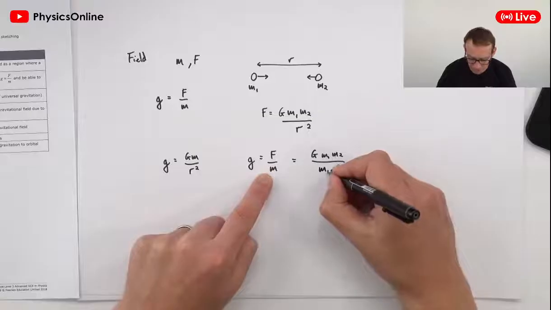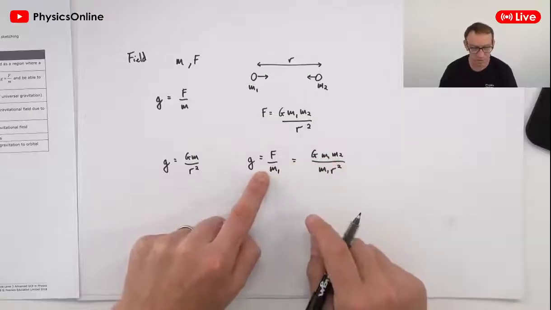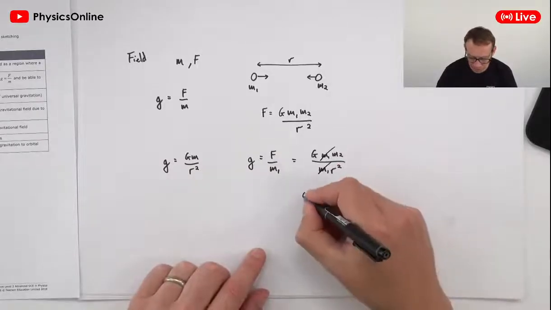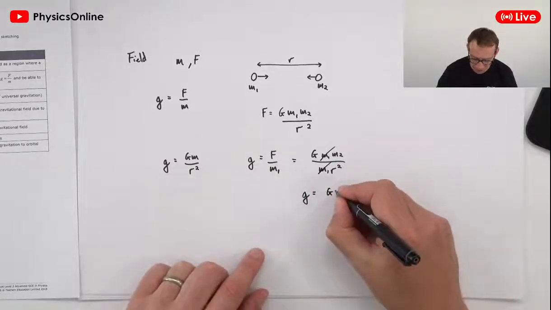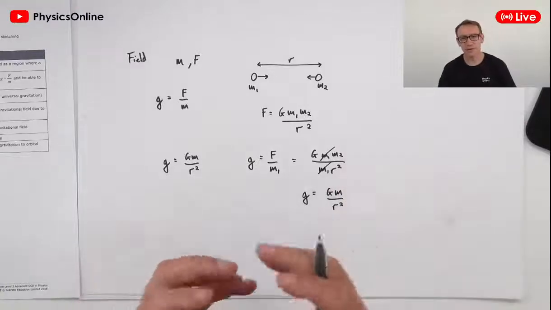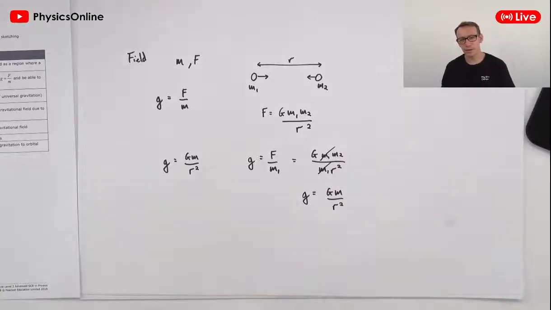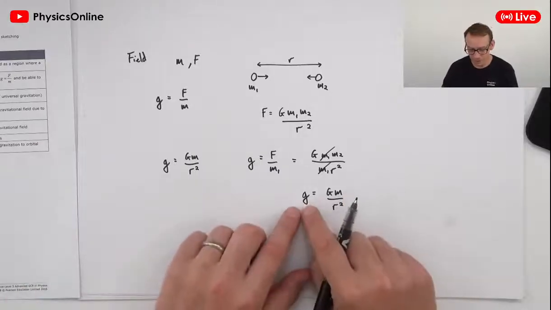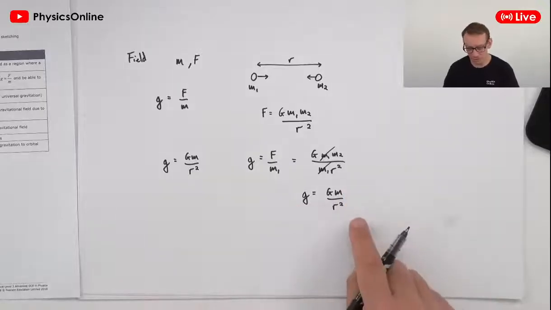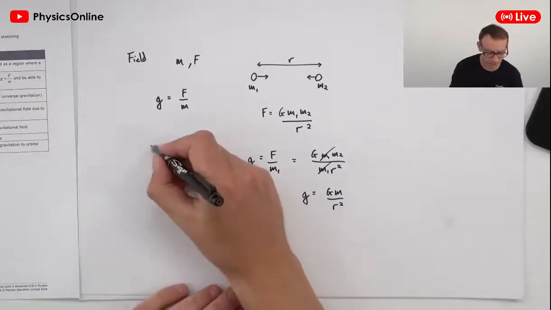Okay, and let's call that m1. Okay, so that's the force on object 1. Now we can see here that m1's cancel, and therefore g is equal to Gm over r squared. And here m is kind of m2, it's maybe like the big object, the bigger object that we've got the field around. So this is the gravitational field strength due to that mass. And therefore g equals Gm over r squared. And that's the way that we've derived this.